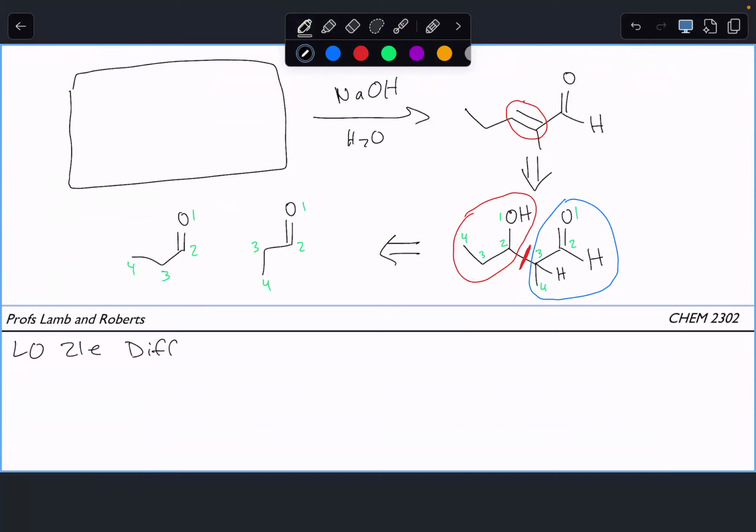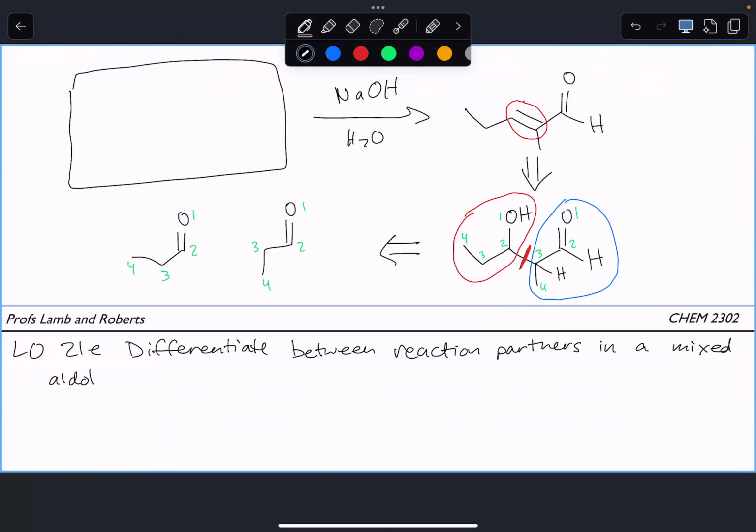We want to differentiate between reaction partners in a mixed aldol reaction, which is 21.3. And a mixed aldol reaction is sometimes called a cross aldol reaction, which just means that's two different coupling partners.